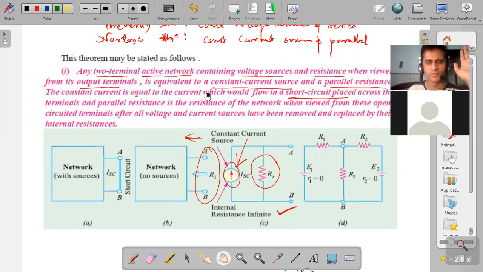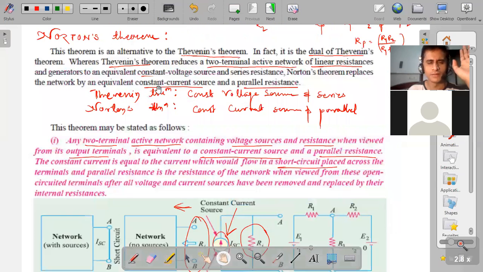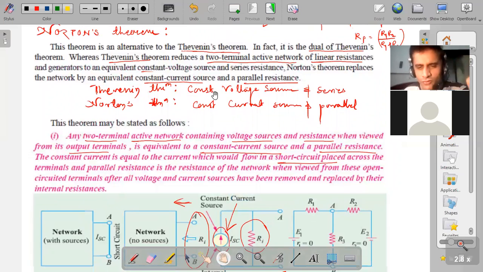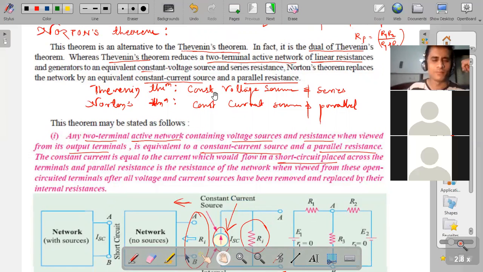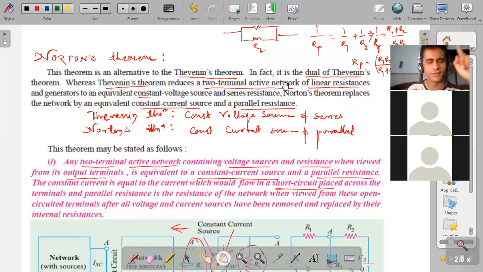Understood, dear student? What is the difference between Thevenin and Norton theorem? Thevenin theorem is related to constant voltage source and series resistance, and Norton theorem is related to constant current source and parallel resistance. This is also referred to as a dual of Thevenin theorem.